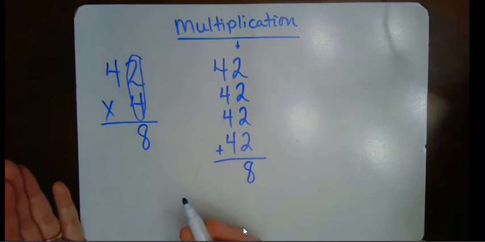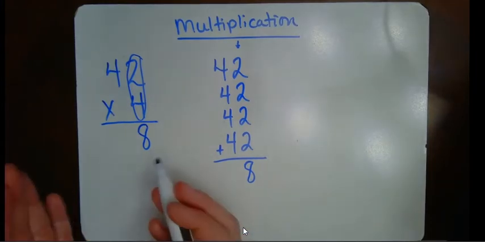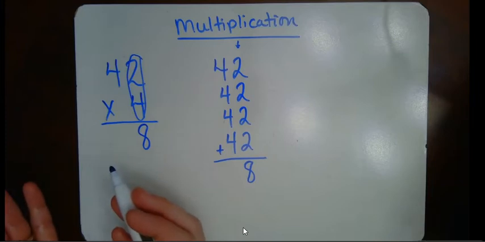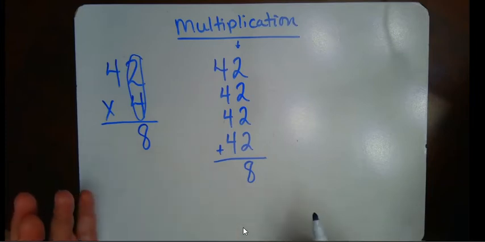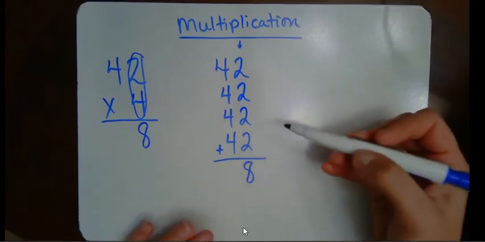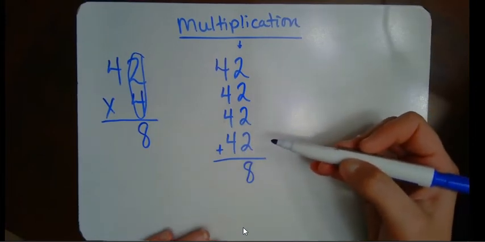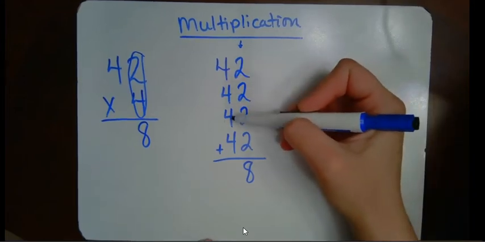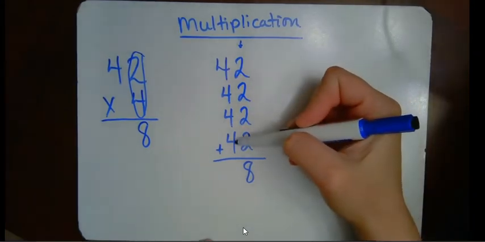Now this is where a lot of students get stuck. They know to multiply the ones place, they know they have to do something in the tens place, but they're not quite sure. So let's go back over here to our addition problem. Think about what you would do next over here. I would be adding 4 plus 4 plus 4 plus 4 in the tens column.